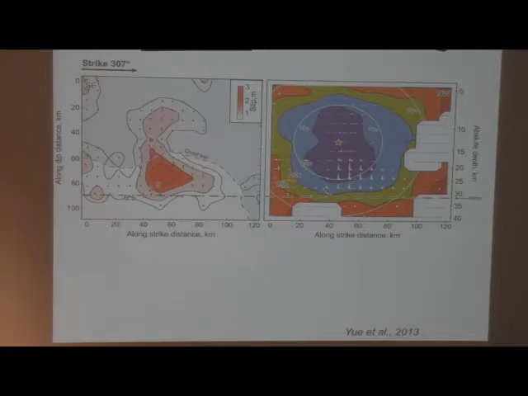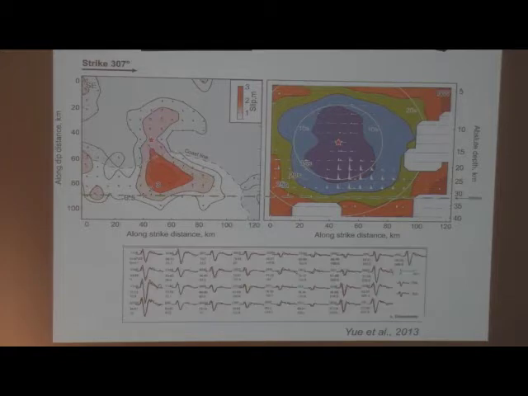These are little source time functions. Moment is proportional to slip, so here we're showing them as slip, and we can then contour values of slip.